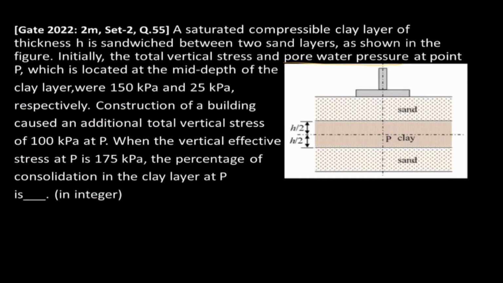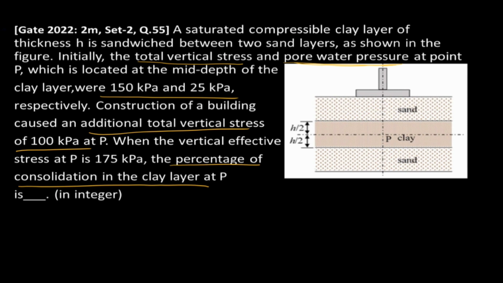In this question, they have given that initially the total vertical stress and pore water pressure at point P are 150 kilopascal and 25 kilopascal. Due to construction of a building, there will be an additional total vertical stress of 100 kilopascal at point A. They are asking what is the degree of consolidation of clay layer at P when the vertical effective stress at P is 175 kilopascal.